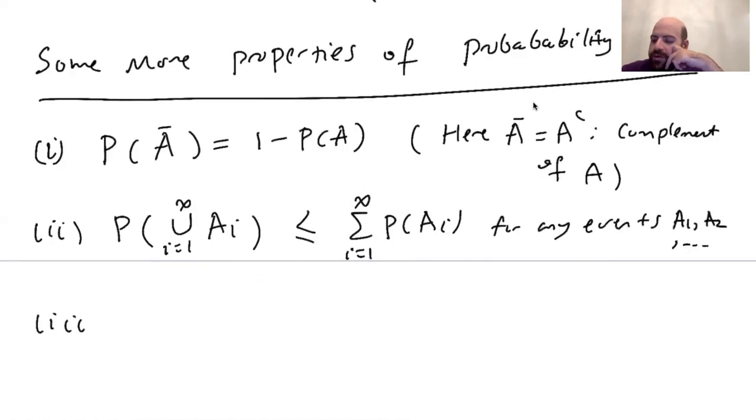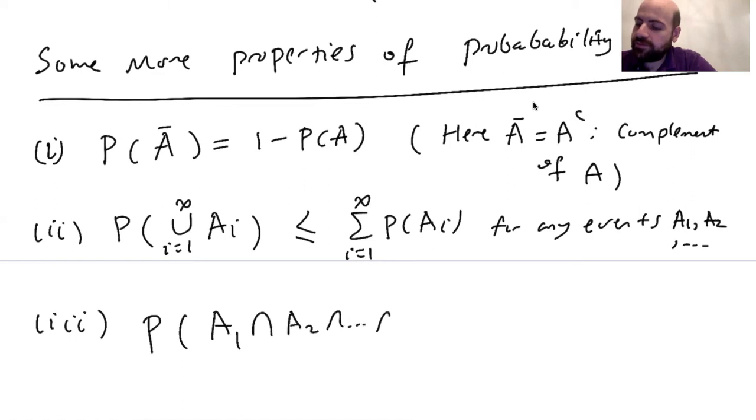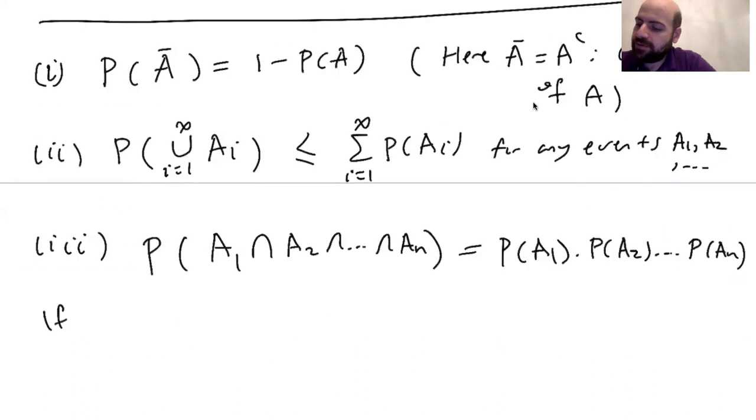Another property: the probability of A1 intersection A2 up to A_n is the multiplication of P of A1 times P of A2 times P of A_n, if A1 to A_n are independent events.